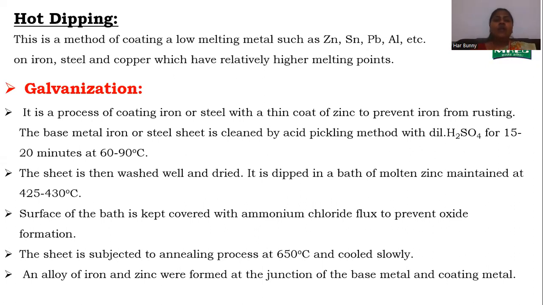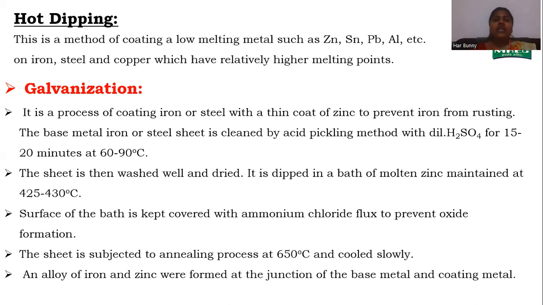There will be a formation of a thin layer of zinc on the surface of the iron metal. This process is called galvanization. You have to clearly remember that in the galvanization process we use only zinc as the coat metal, and the base metal is the iron metal which is to be protected from corrosion.